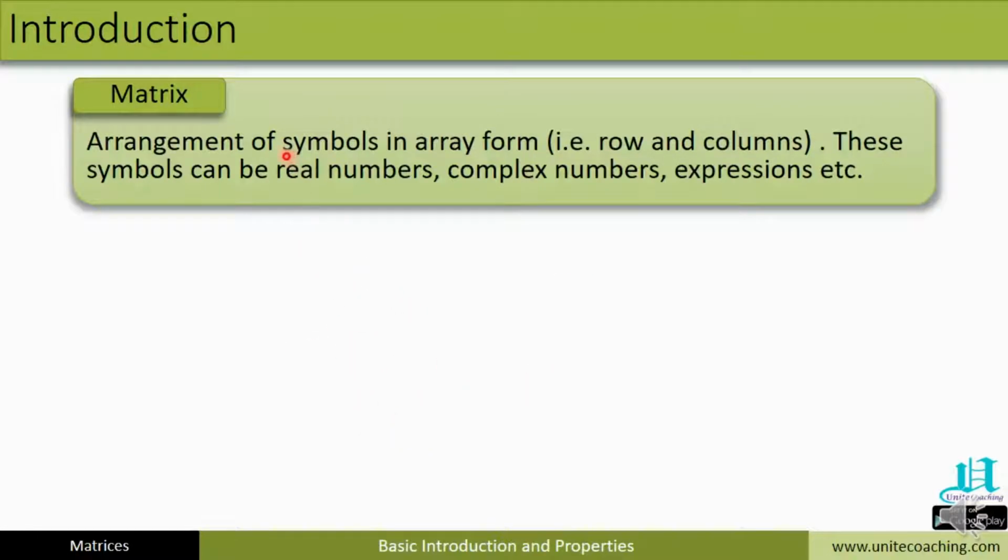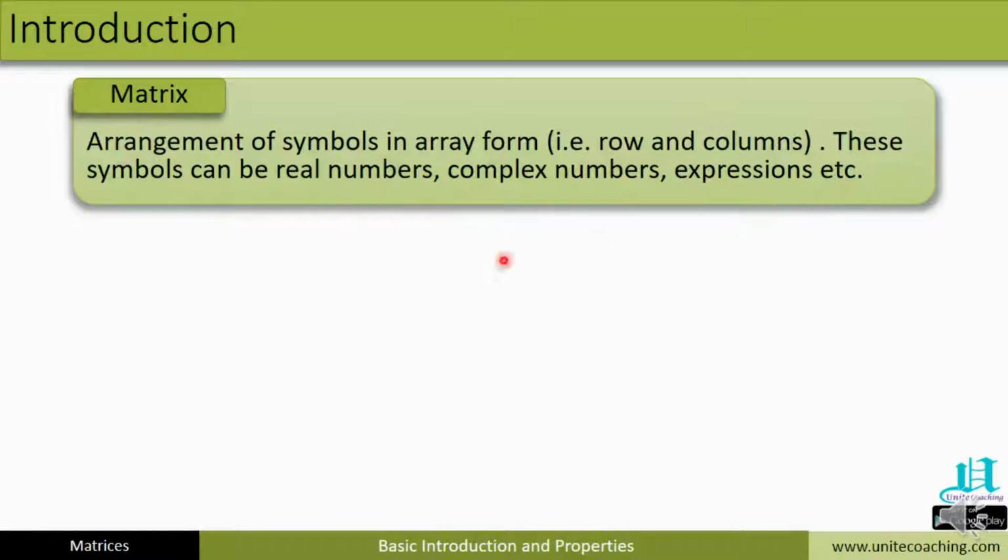And talking about the symbols, whatever we are arranging in array form, we call them symbols. These symbols can be real numbers, complex numbers, expressions, and in school times they can be students. So a matrix is defined as an arrangement of symbols in array form, and these symbols can be real numbers, complex numbers, expressions, etc.